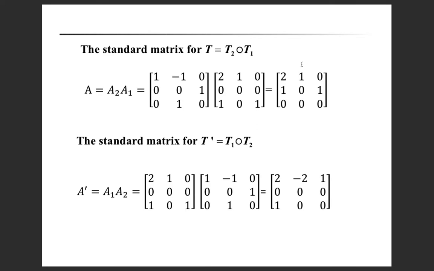For the third element in the first row: 1 into 0, minus 1 into 0, 0 into 1, and add the resulting elements, the result is 0. Similarly, we write the first element of the second row by multiplying the elements of the second row with the first column and then adding the resulting elements.